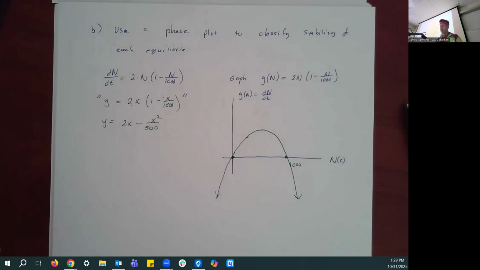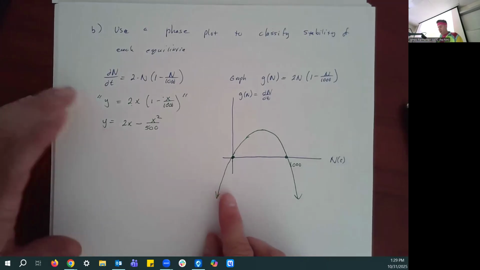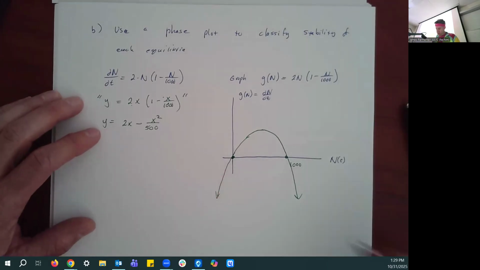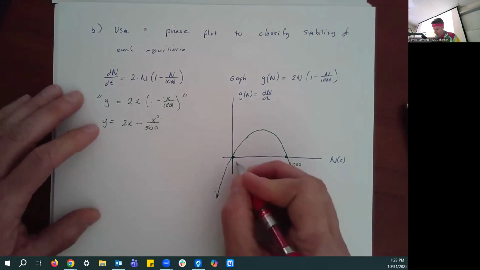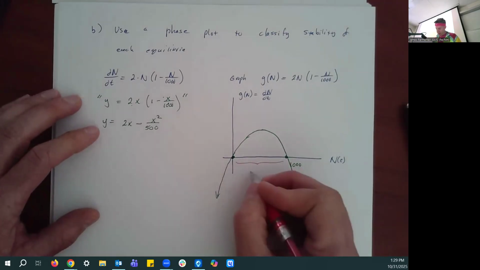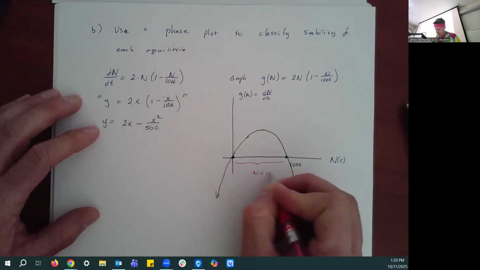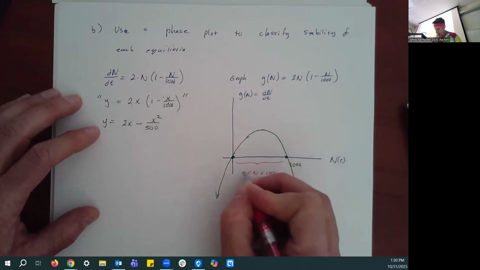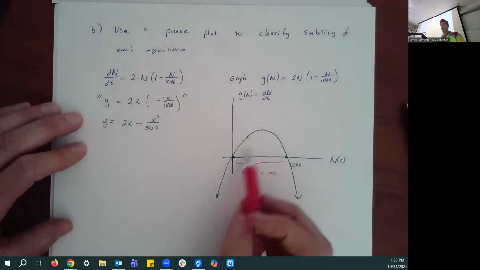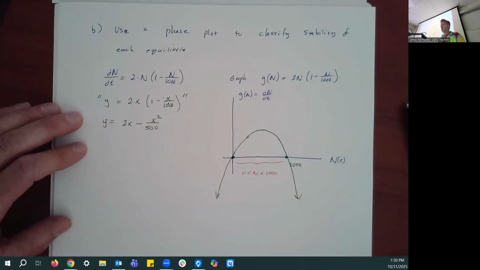Okay, so this is going to tell us everything we need to know about the stability. So here's what I know. For values of n between 0 and 1,000, I know that the function value is positive or negative.